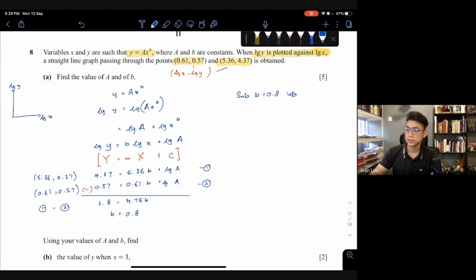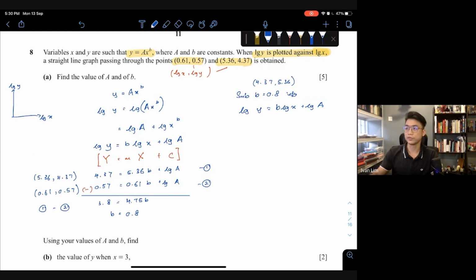We can sub it straight into log y equals b log x plus log a. Then we can also take 1 point, let's take 4.37 and 5.36.